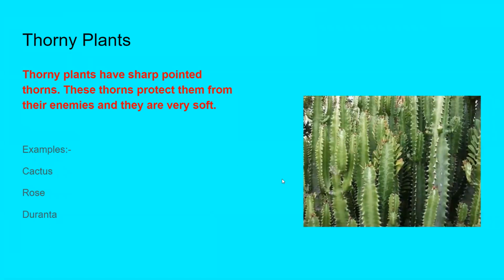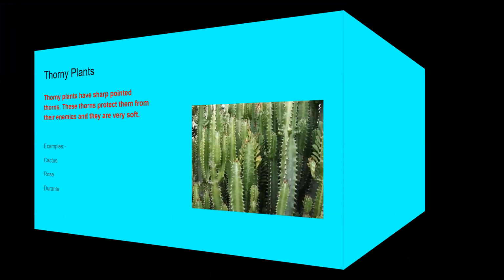Look here, this is cactus, a variety of cactus. So these are thorny plants. The thorns protect them from enemies, so that grazing animals like cow and buffalo will not eat them due to the presence of thorns. And otherwise, they are very soft.